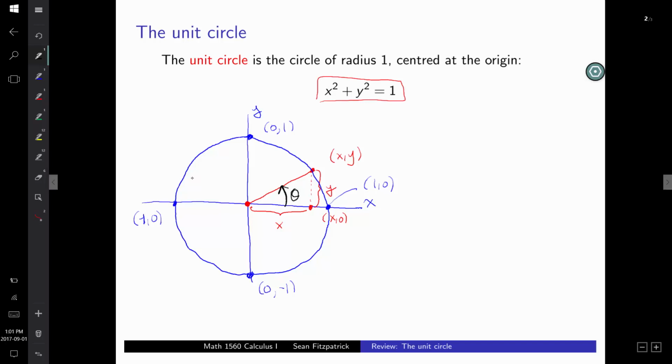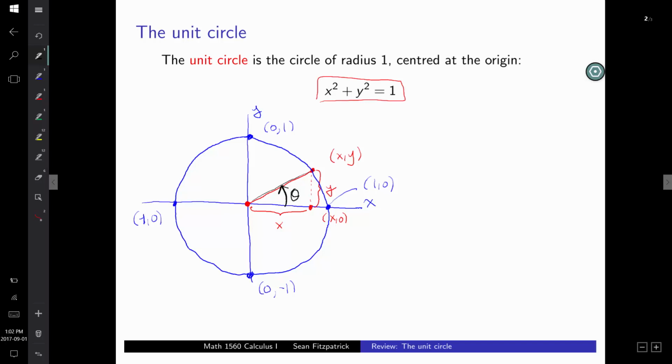The angle made by the radius and the positive x-axis identifies every single point on the unit circle. If I know my angle, the angle tells me where to draw this hypotenuse, and that tells me where I am on the unit circle. So there's this connection between points on the unit circle and angles, and this is what we're going to use to define our trig functions in the next video.